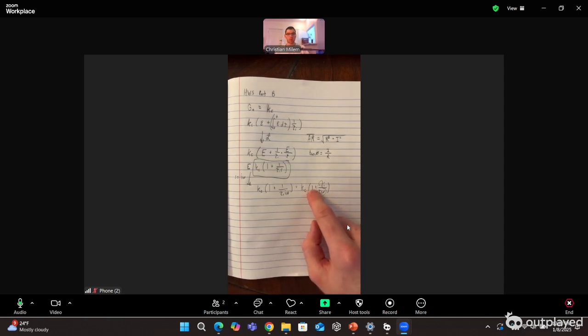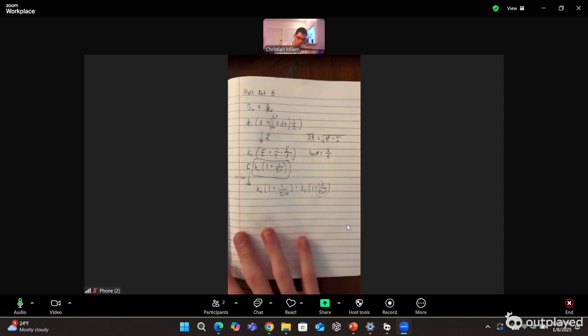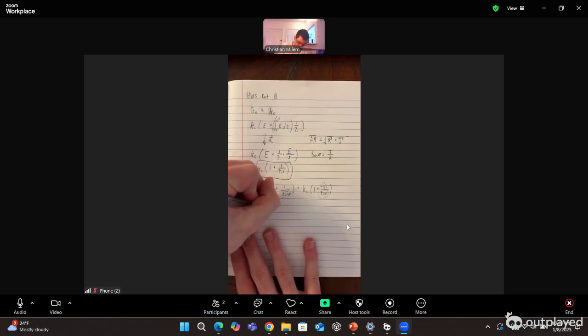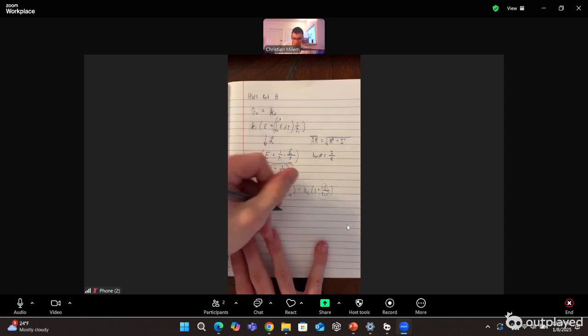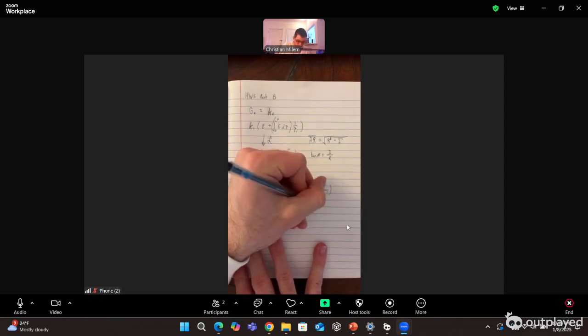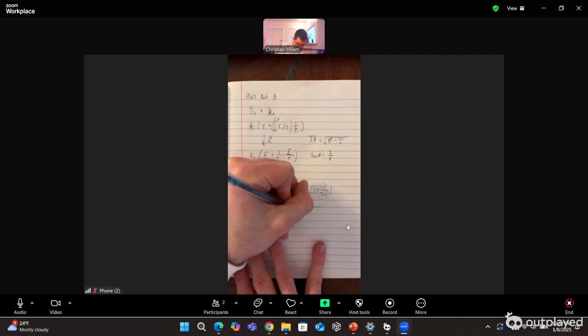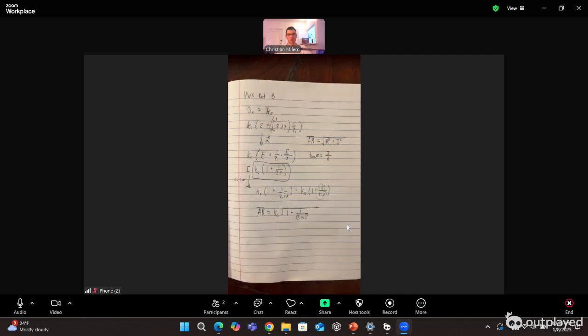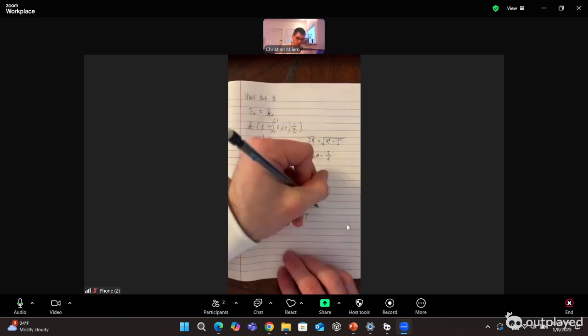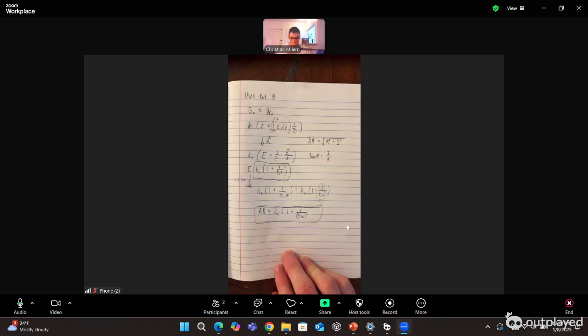And then both of those are multiplied by Kc. For our amplitude ratio, the Kc is relevant, so it gets squared and then square rooted, so we can just pull it out to the front. And then we have 1 plus 1 over tau omega, and those are squared on the bottom. You can simplify this further, but I think it looks fine how it is. So that's our amplitude ratio.